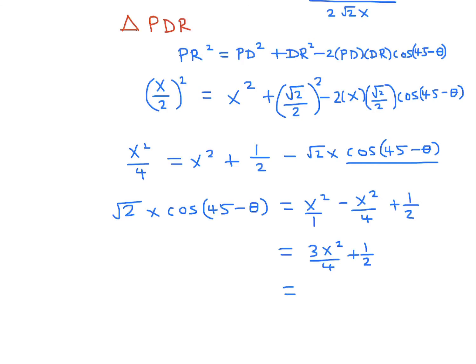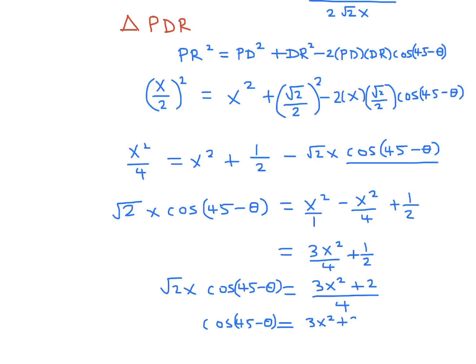And that looks like 3x squared plus 2 over 4 is root 2x cos 45 minus theta. And then finally, we can isolate cos 45 minus theta is 3x squared plus 2 over 4 root 2x.